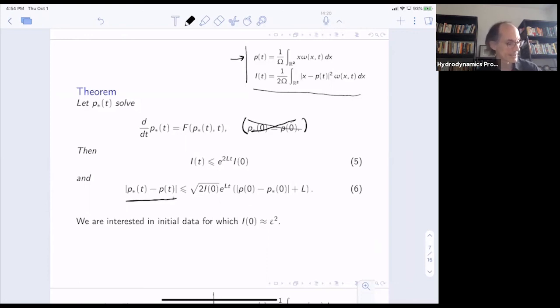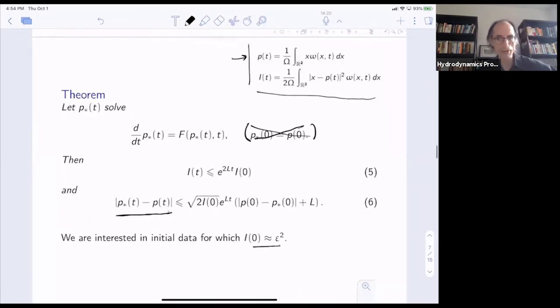Okay, and so what does this tell us? We want to think of initial data for which I of 0 is order epsilon squared. That's what the data I considered in the bigger theorem looks like. So the vorticity concentration length scale is order epsilon initially. And this says that it may grow as a function of t, but at later times it's still epsilon times a constant, so it's still concentrated on the same epsilon scale.